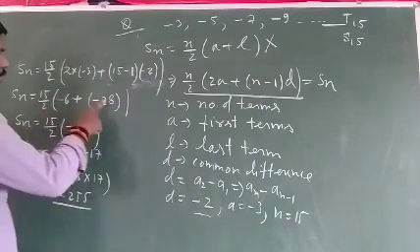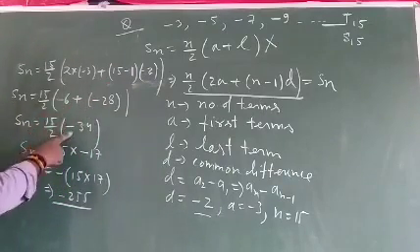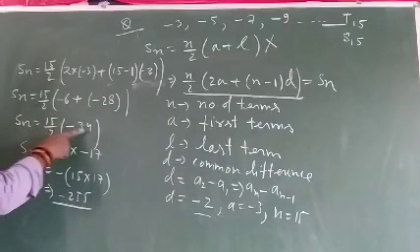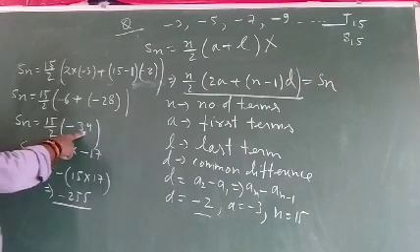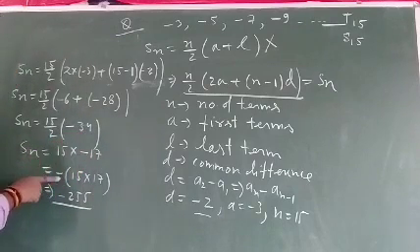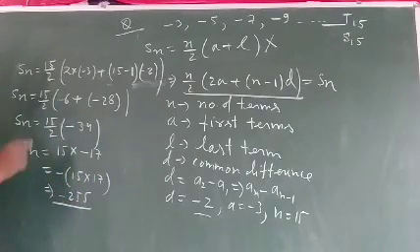So minus 6 plus minus 28 is minus 34, and 15 by 2 into minus 34 can be simplified. 2 into 17 gives 34. So 15 into minus 17, the minus can be taken out. 15 into 17 is calculated as 255.